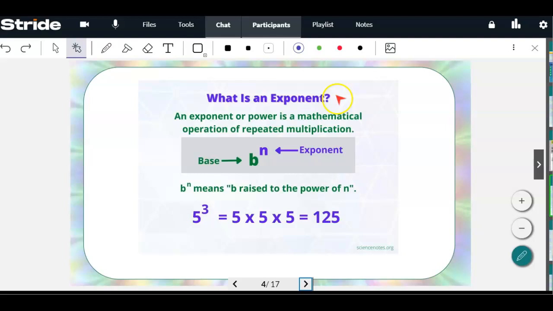So what is an exponent? We've already talked about squares. So the exponent is a base, a number raised to a power. If we have 5 to the third power, that's how you read it. That's 5 times 5 times 5, which is 125. All right, let's go on.